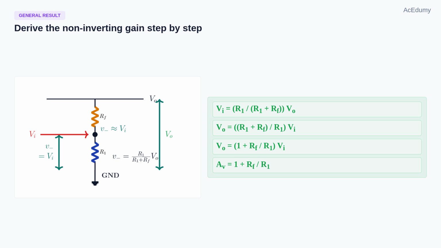So V output equals R1 plus RF over R1 times V input. Then we split the fraction into 1 plus RF over R1. Therefore, the voltage gain is AV equals 1 plus RF over R1. Notice the sign, it is positive. This circuit does not invert the signal.